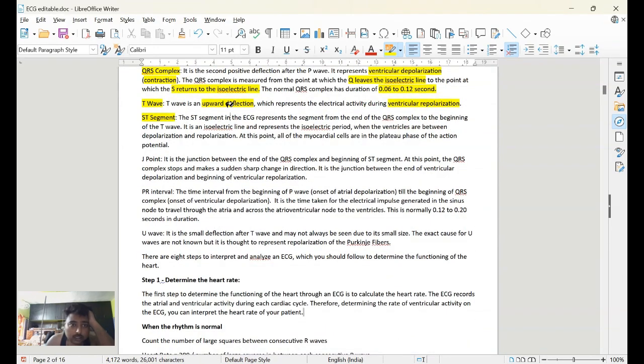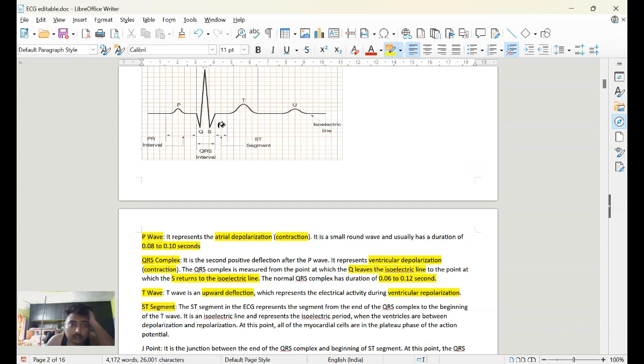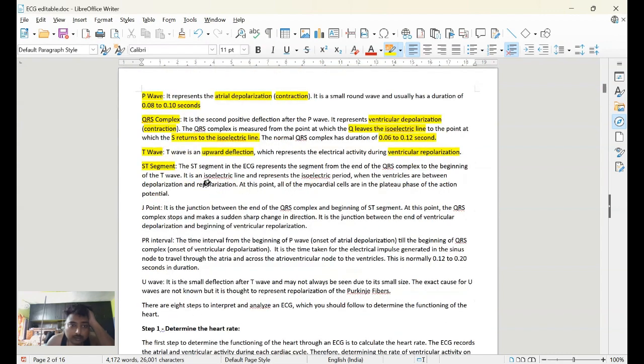Now S to T, the ST segment. The ST segment represents the segment from the end of the QRS complex to the beginning of the T wave. This is an isoelectric line, representing the isoelectric period when the ventricles are between the depolarized and repolarized states.